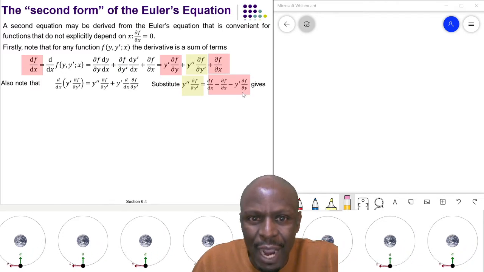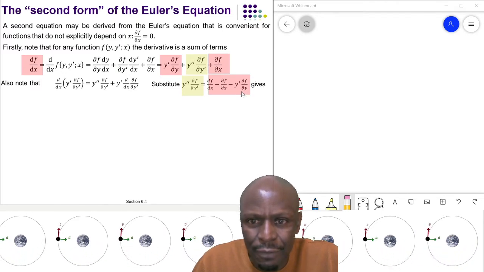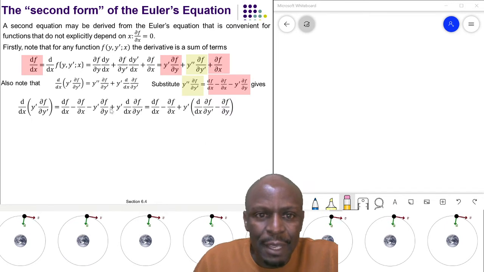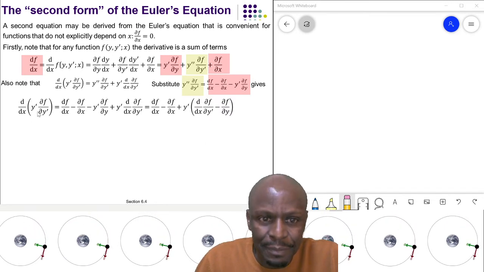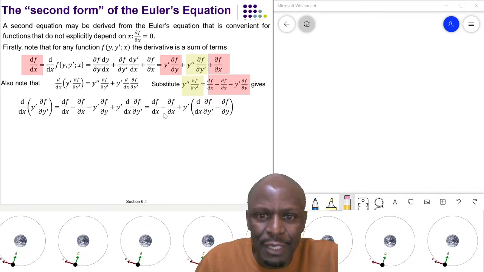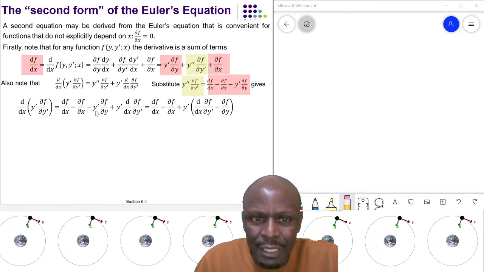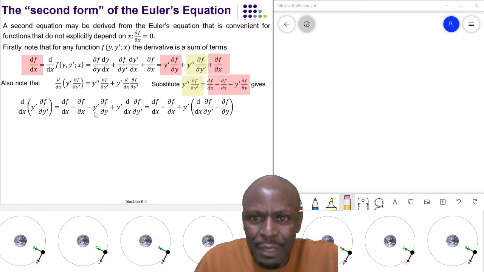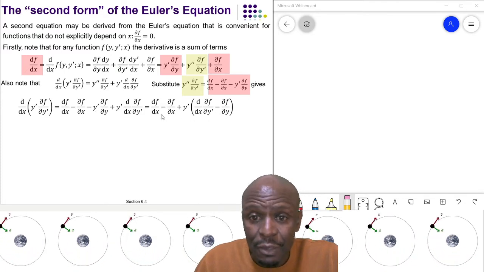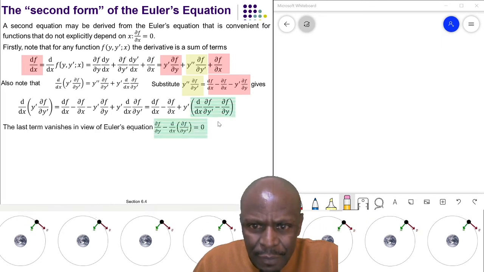Right. Now from there, we can also see that the derivative of this can also be written in terms of this. And then here you just factor the y prime. So that is what you are going to have.